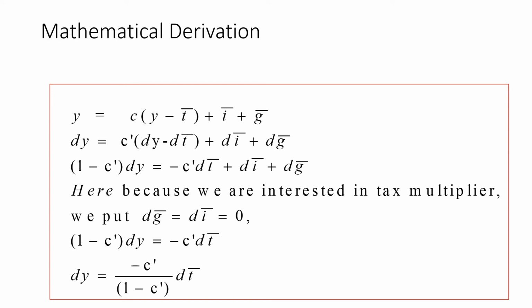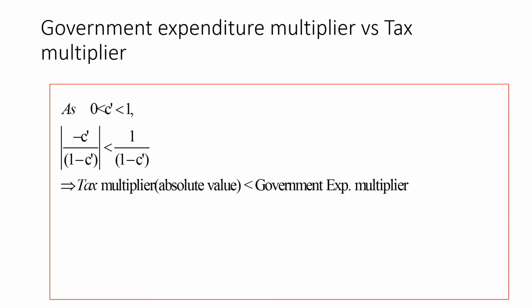Now we will compare the government expenditure multiplier with the tax multiplier. We have both of them together. Since c' is greater than 0 and less than 1, the tax multiplier, c'/(1 - c') in absolute value (I'm taking the absolute value because there is a negative sign), is less than 1/(1 - c'), which is the government expenditure multiplier we derived earlier in the first part of our discussion.